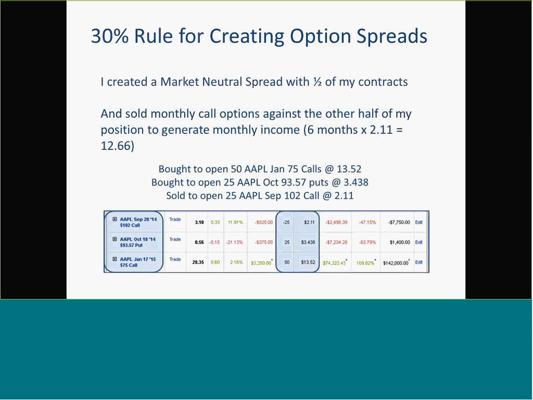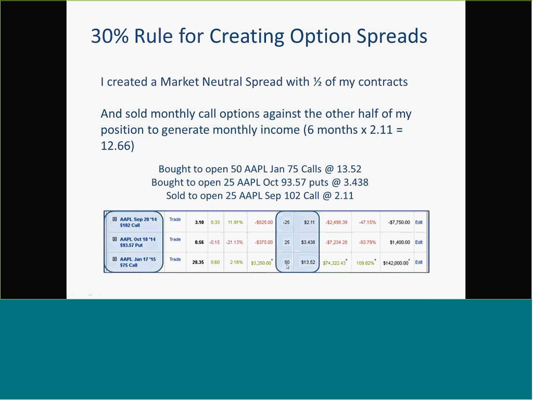So if I got a similar premium over the course of 6 months, I'm going to collect a total of about $1,266 in premium. Now that almost reduces the cost basis of my call purchase to zero. I purchased the calls at 13.52, but I have the potential by selling that monthly option premium of collecting $1,266, which almost covers the entire cost of the option purchase. So that's another thing to keep in mind.